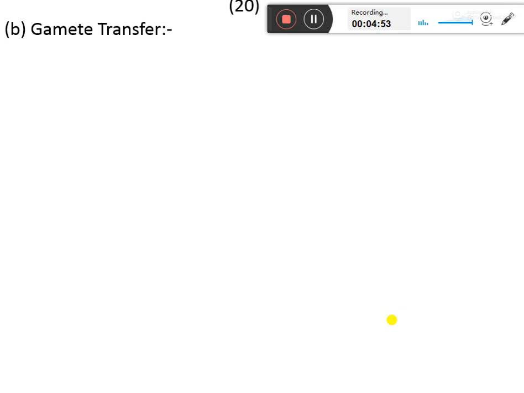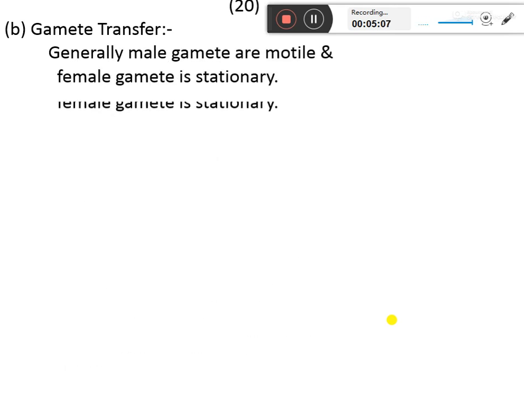Gamete transfer. Once the gametes are produced, they are transferred. Generally male gametes are smaller in size and motile, and they are transferred from the male organism to the female organism, while the female gametes are stationary and larger in size.